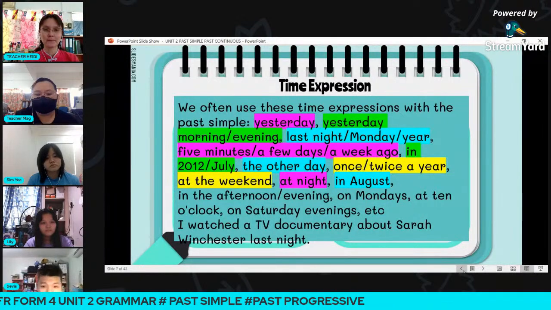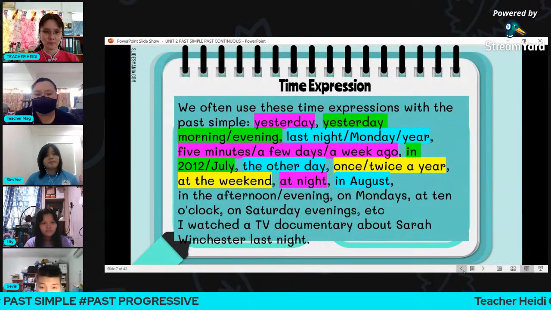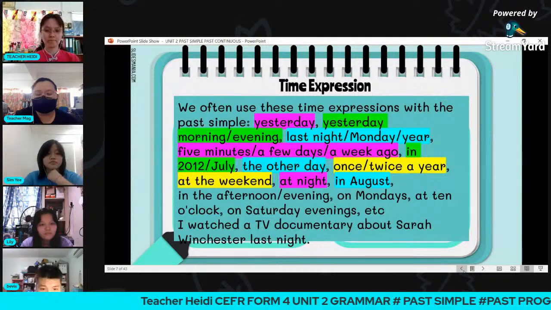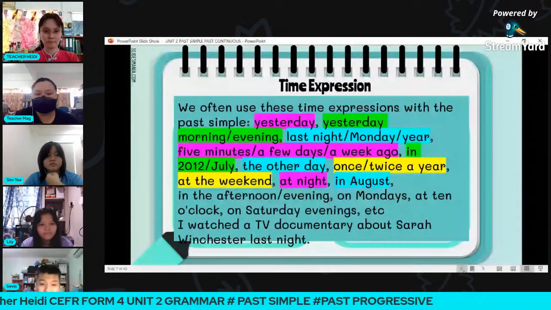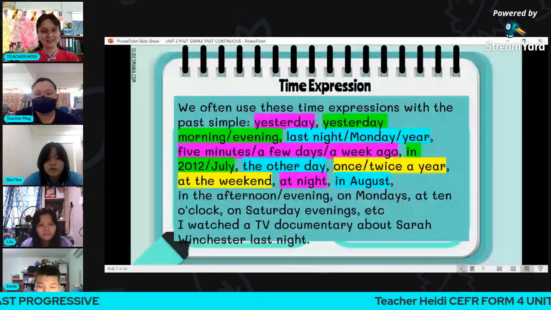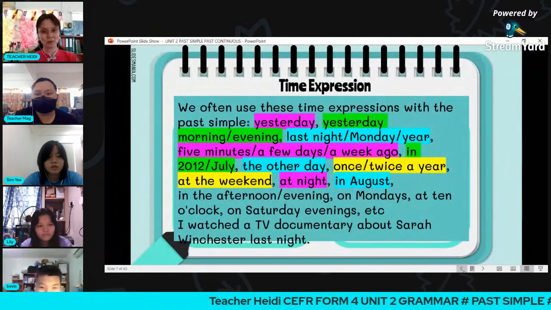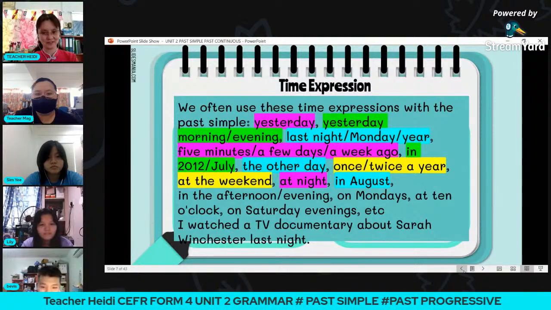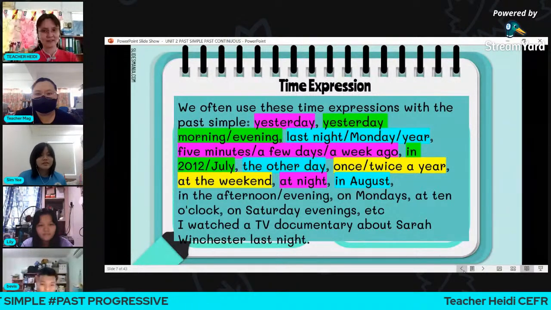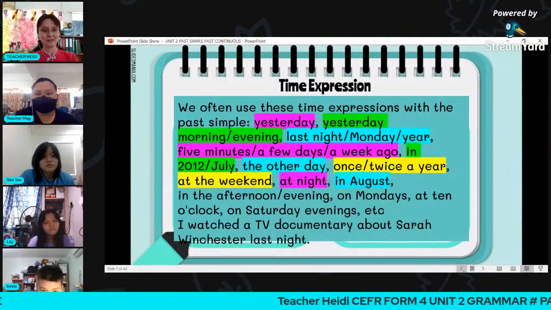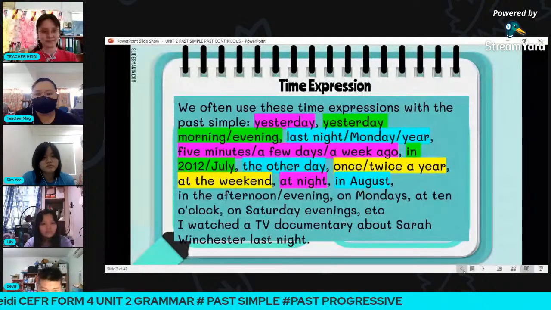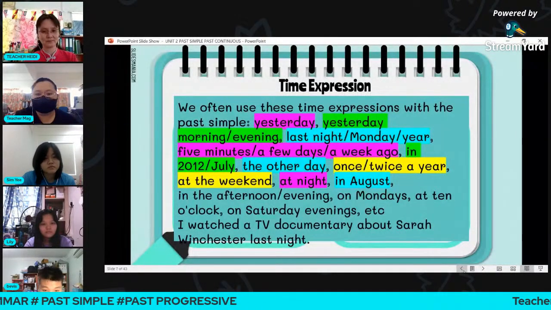And use these time expressions with the past simple: yesterday, yesterday morning or evening, last night, Monday, last year, 5 minutes, a few days, a week ago, in 2012, July 12, the other day, once, twice a year, at the weekend, at night, in August, in the afternoon, evening, on Mondays, at 10 o'clock, on Saturday evenings, etc. I watched a TV documentary about Sarah Winchester last night.